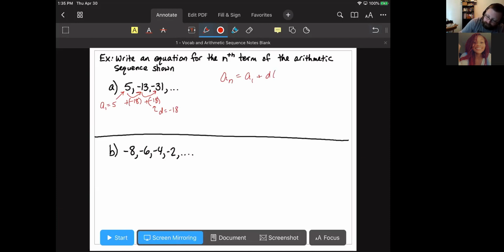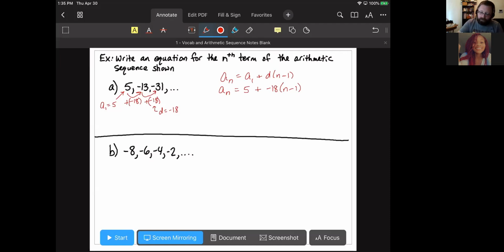Same equation we used on the last example, but this time we don't know the term number, so we can't plug in for n like we did in the previous two examples. We have to leave A sub n, plug in A sub 1, which is 5, plug in D, which is -18, and we have to leave n in there as well.